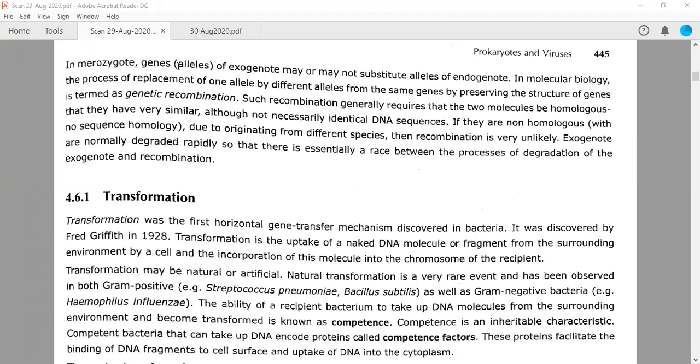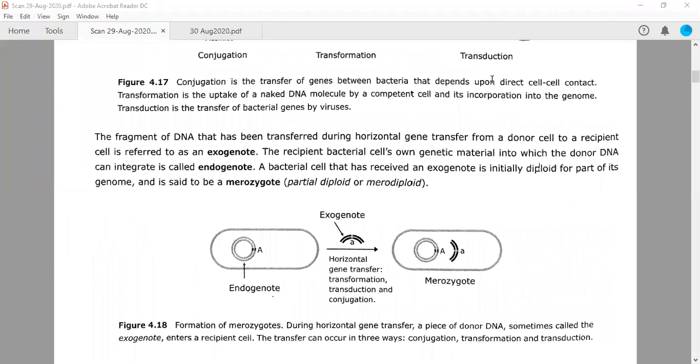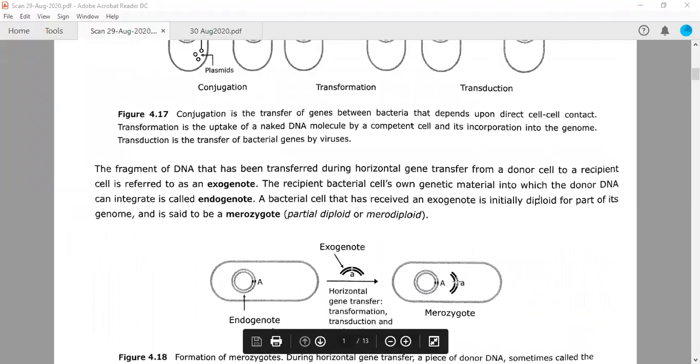In merozygote, the genes or alleles of the exogenote, which are alternative forms of the same gene, may or may not substitute alleles of the endogenote. See here, either this black portion will be integrated into this endogenote and replace this capital A region, or it will not replace it.